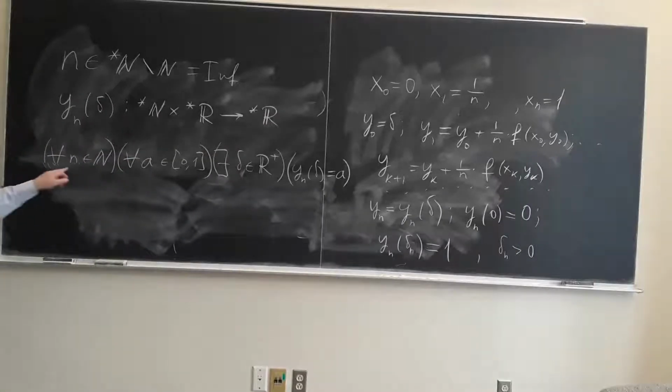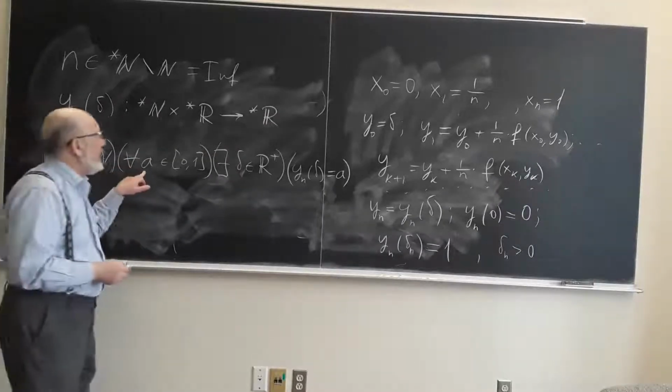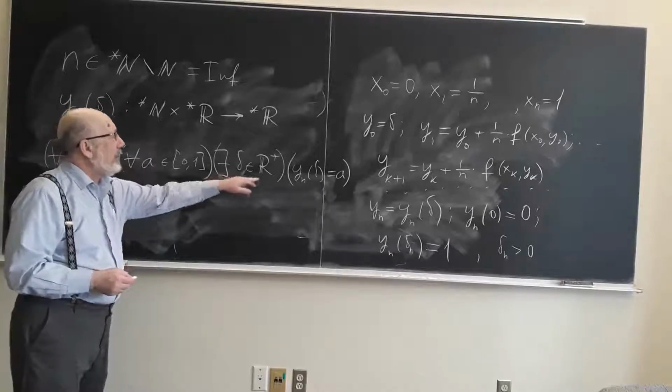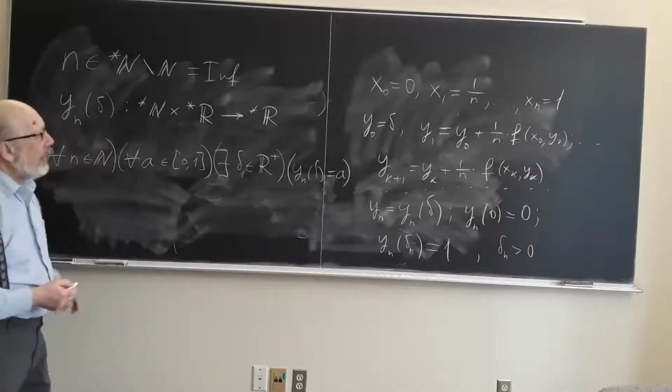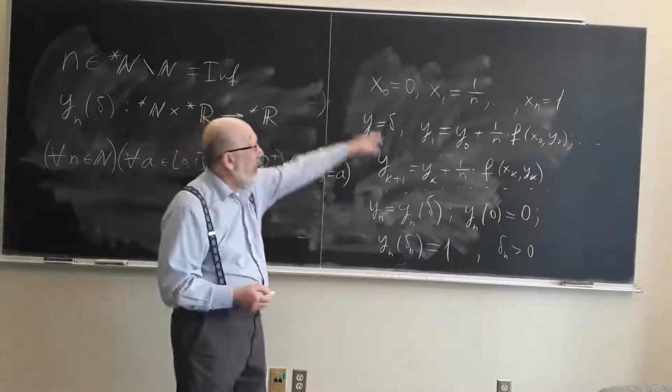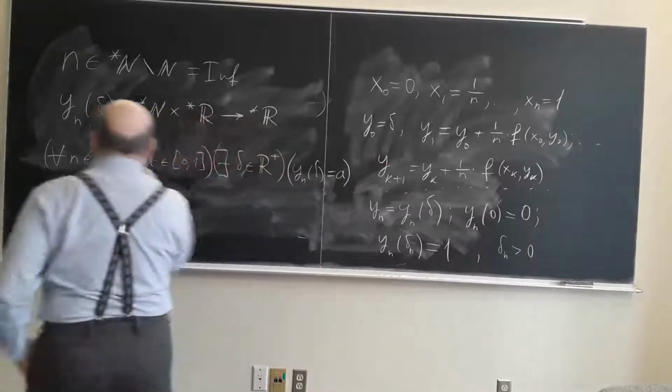So for any positive n, for any a, there exists delta such that yn, where yn is defined by these formulas, equals a.